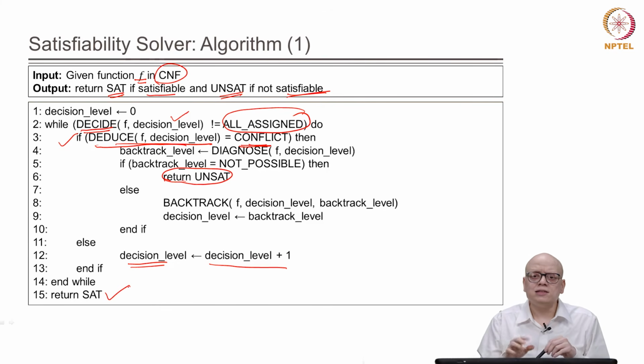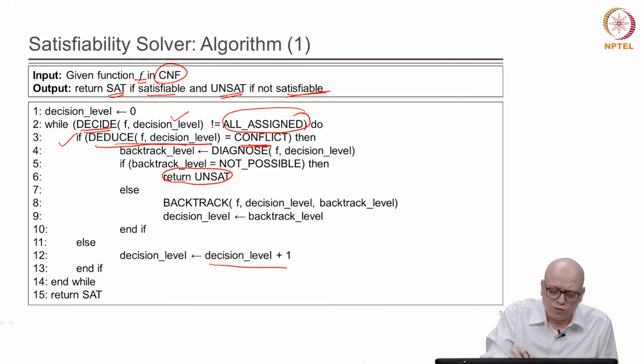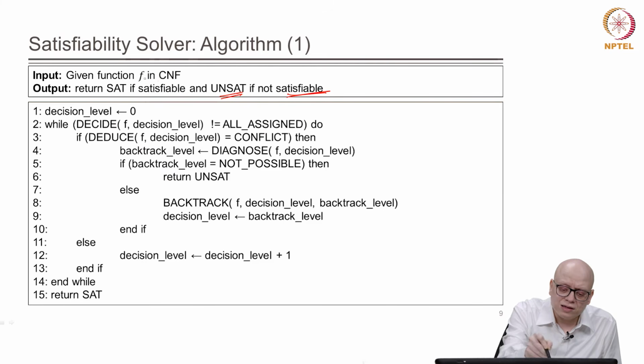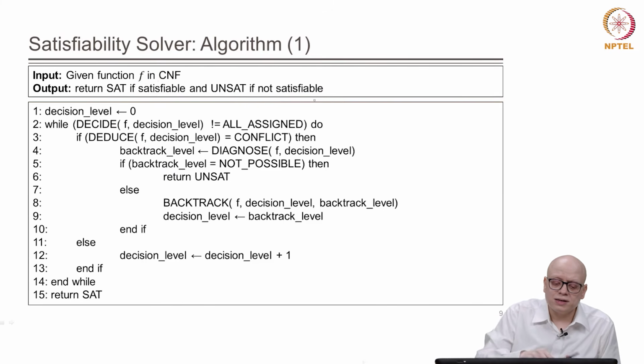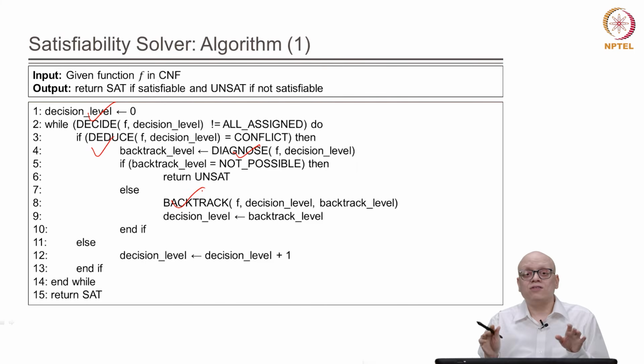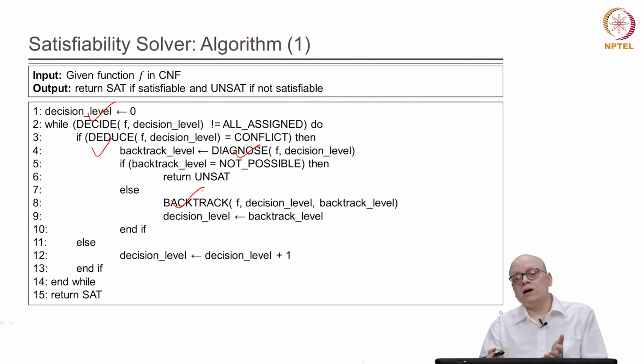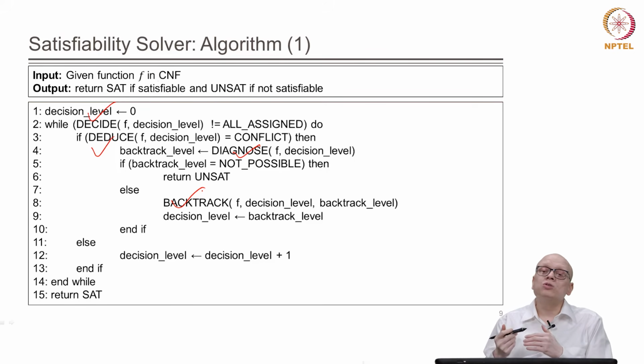Now, this is just a pseudo code for solving the SAT problem. In actual implementation, the functions decide, deduce, diagnose, and backtrack can vary from implementation to implementation. They are very much implementation specific, and different SAT solvers choose various kinds of heuristics to decide which variable to assign, or, given a conflict, which variable to backtrack.